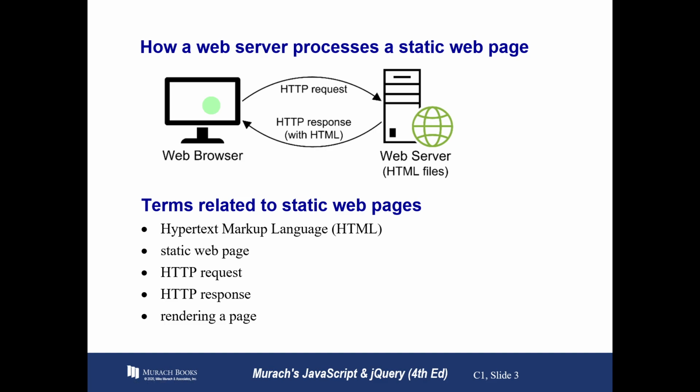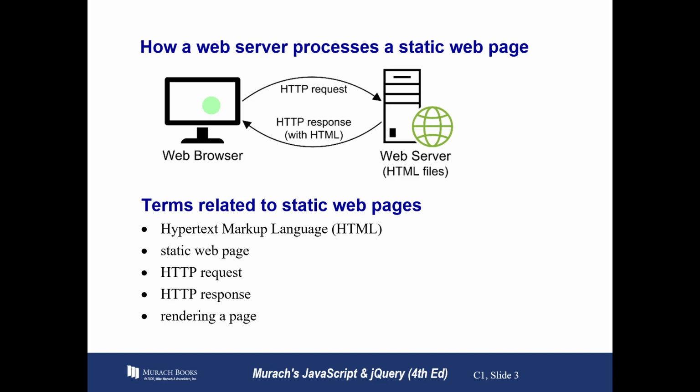A static HTML file doesn't do anything except display information. Just a bunch of code. HTML stands for Hypertext Markup Language. So the markup language part is the part that just formats the information being displayed on the page. It gives it some structure, and then it can also use CSS or cascading style sheets to make it look pretty, but it doesn't really do anything other than display static information that doesn't change.